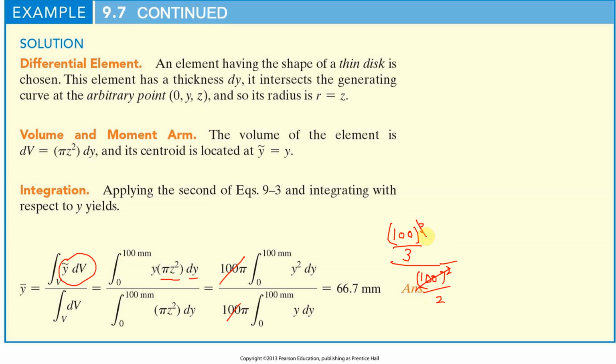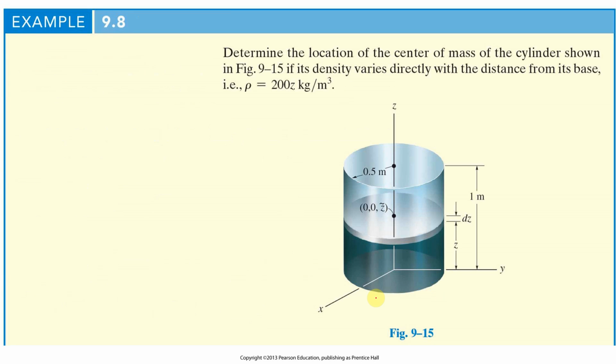So factoring out, you're going to get 2/3 of 100, or 66.7 millimeters. Okay. Looks really complicated, not too hard.